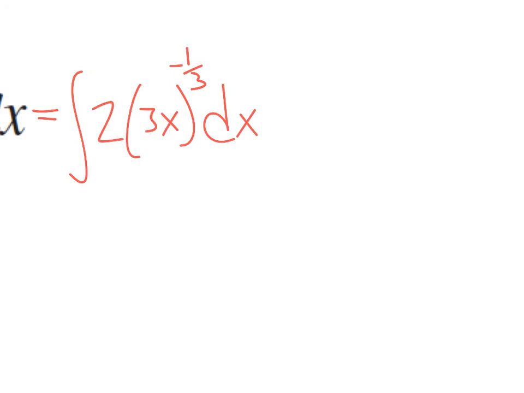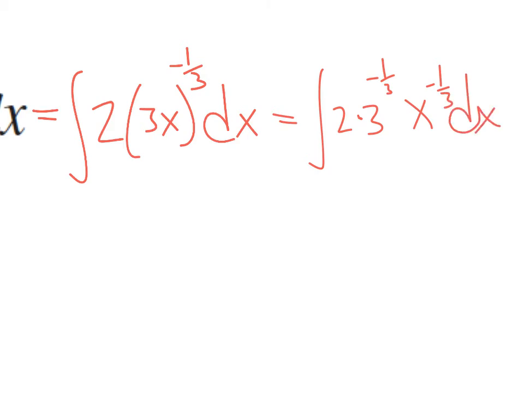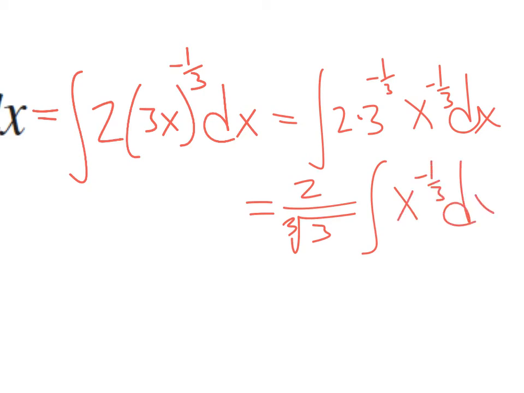We can use U substitution, or we could rewrite this as 2 times 3 to the negative 1/3 times x to the negative 1/3 dx. That might be the easiest way. Let's pull this 2 over the cube root of 3 out, and we've got x to the negative 1/3 dx.